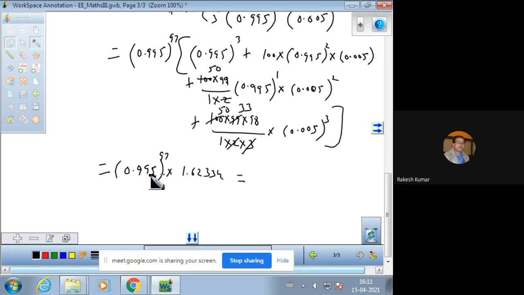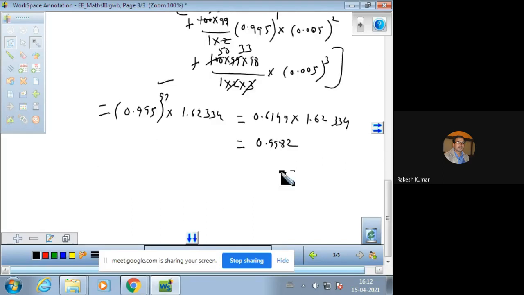And 0.995 raised to power 97 comes out to be 0.6149, into 1.62334. Remember, calculators are allowed in the final examination, so you can easily calculate this figure, and 0.9982 will be the required probability.